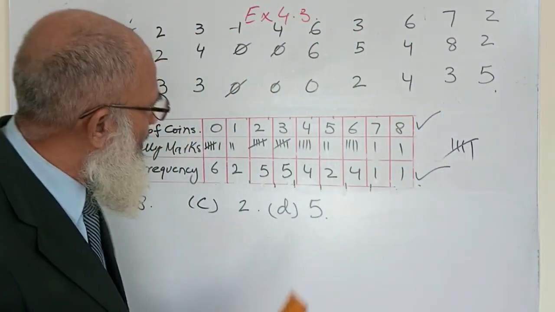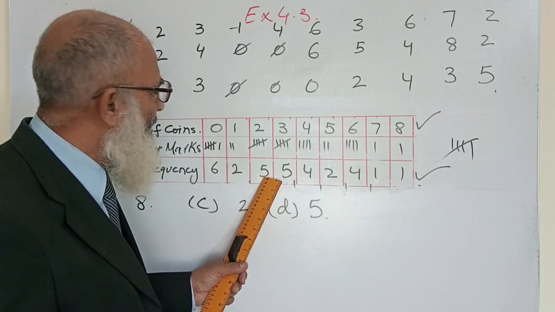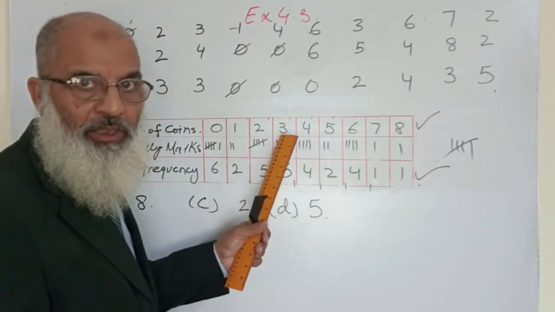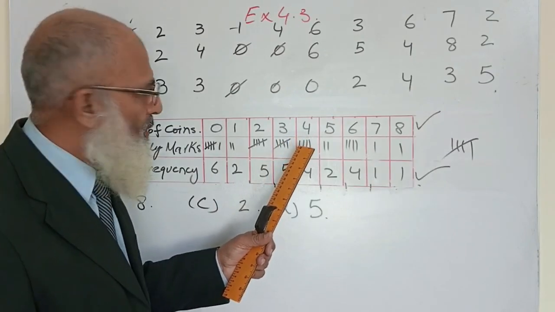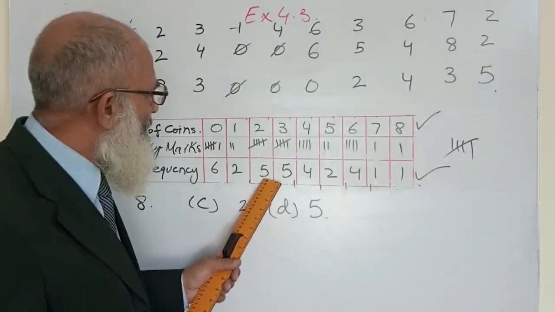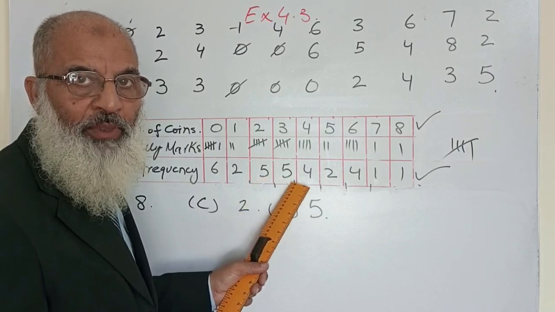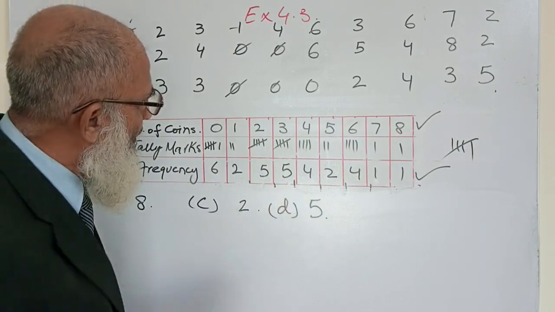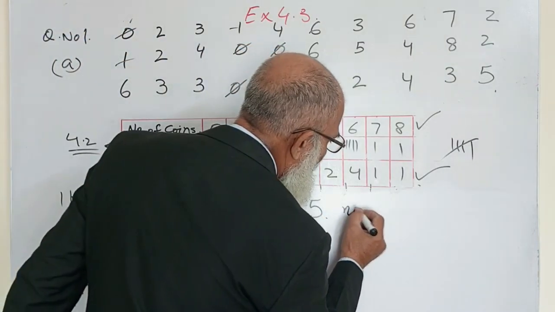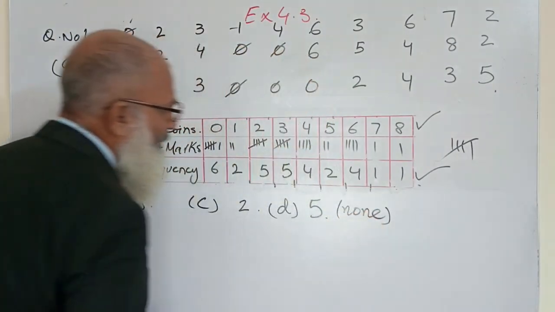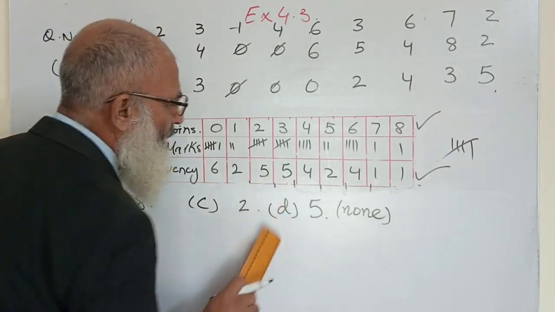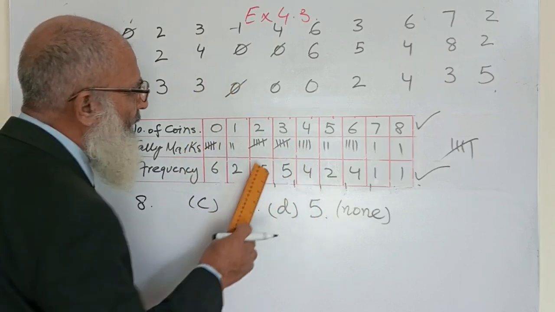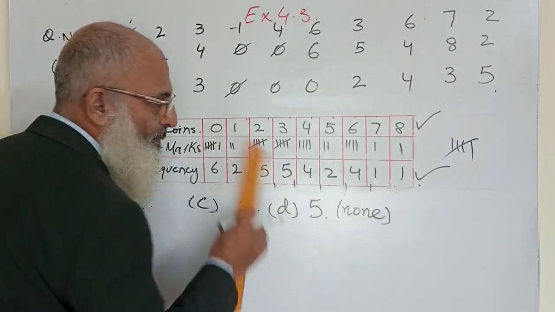In fact, you see that there are 5 people who had 2 coins and 5 people with 3 coins. And since it is 5 in common, maybe your book has answered none, because there are 2. If it was like 7 or 8 or something like that for only one, it would have been that number.